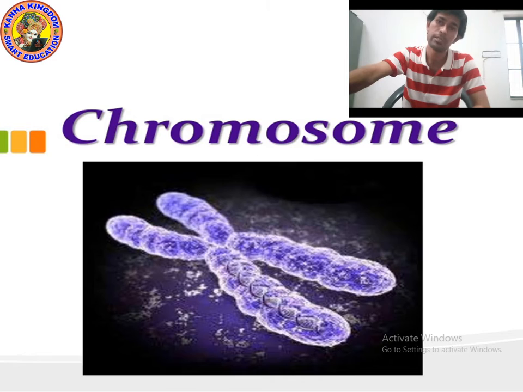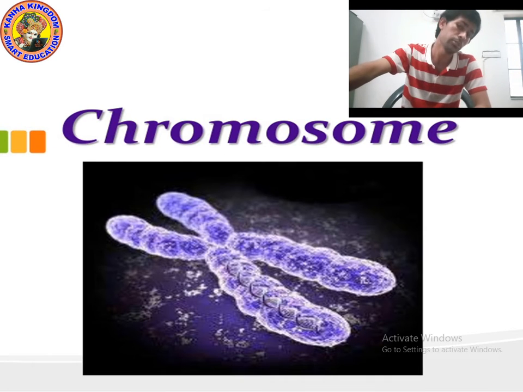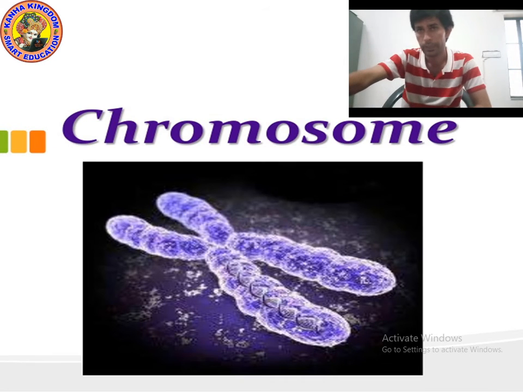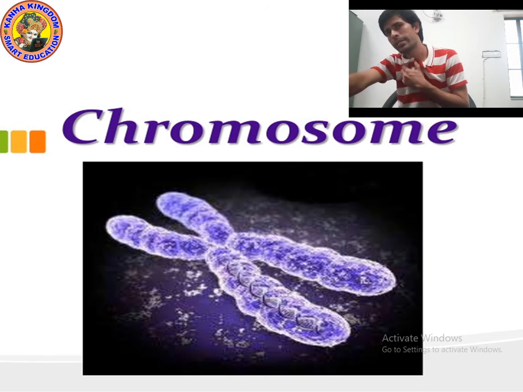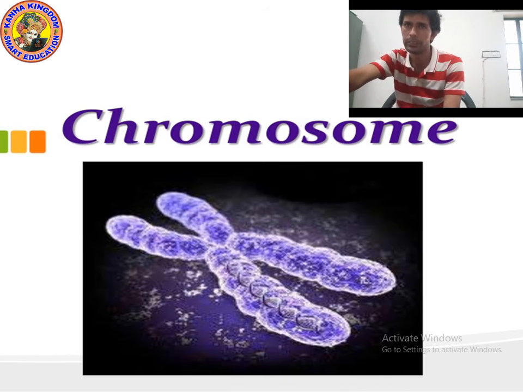Genes are responsible for the different characteristics of a daughter or son that we get from parents. Genes are found in chromosomes, and chromosomes carry the genes for expressing our characteristics. So we can say chromosomes are the vehicle of genes.